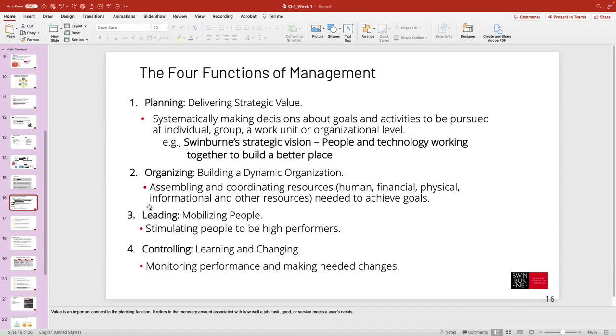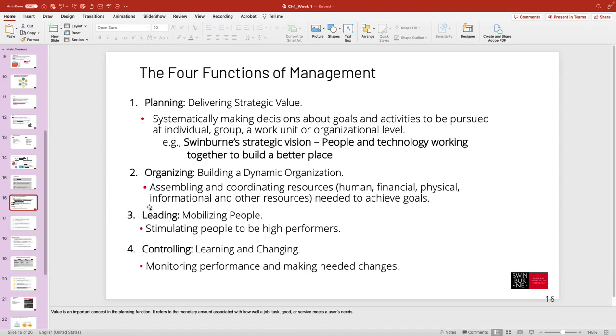Managers need to organize these goals into, say for example, different departments, different units, so then they can contribute to the organizational vision, right? It's all about managing people, creating structures to achieve organizational goals, and it has to be a dynamic organization.